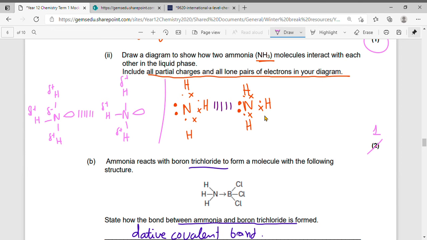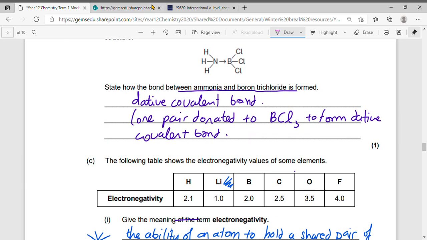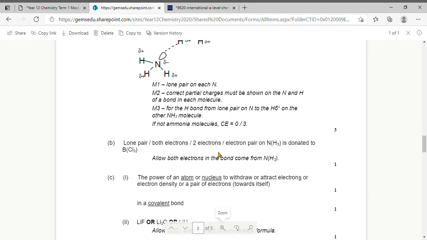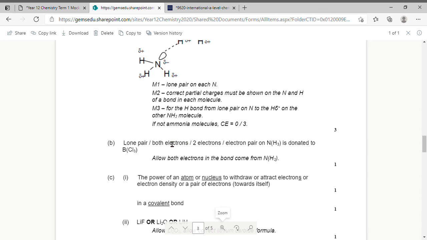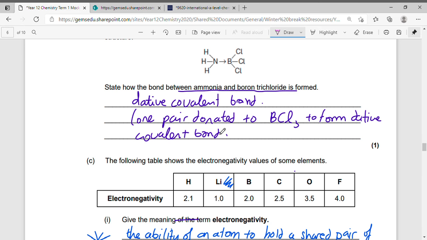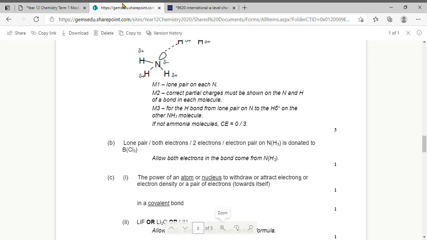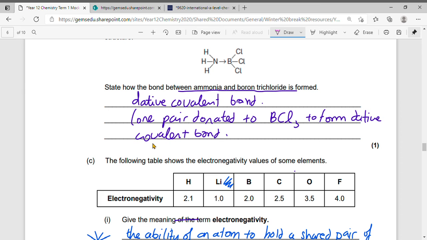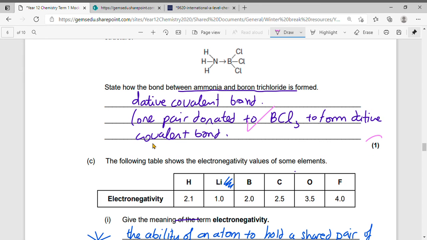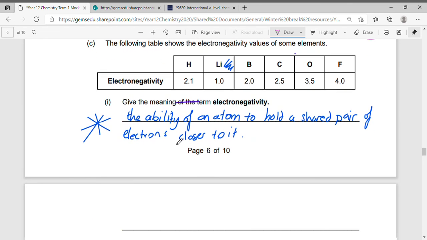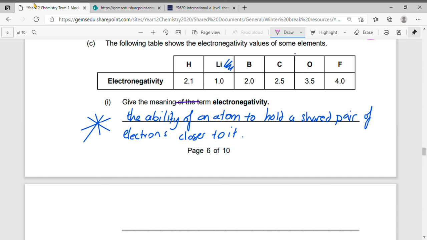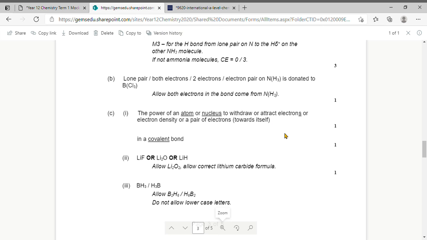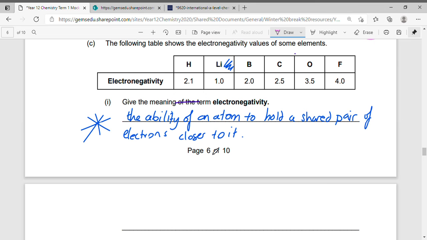Okay, next, dative covalent bond. Lone pair donated to BCl3. Excellent. So we got that mark. Sorry. The power of an atom to withdraw toward itself.